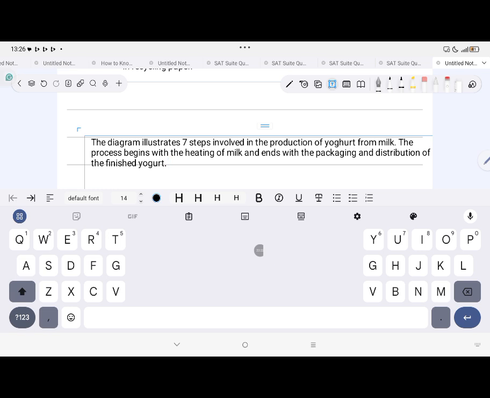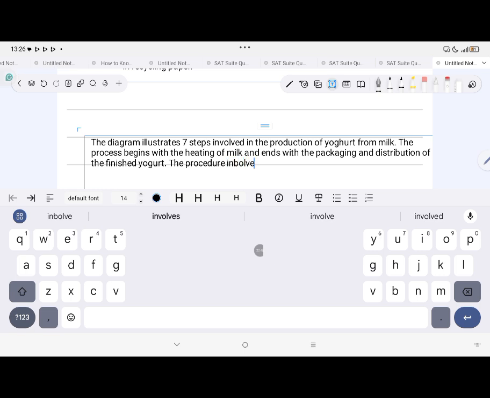Now you can choose to mention all 7 steps if you wish. I did not say explain, I said mention. That's in introduction. You can say the procedure involves heating. That was the first thing, right? Heating, cooling, fermentation.